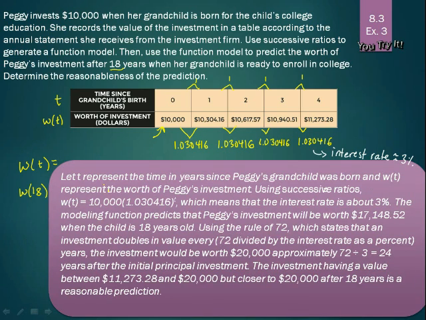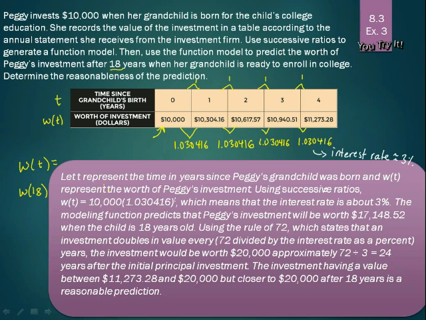Let T represent the time in years since Peggy's grandchild was born, and W of t represent the worth of Peggy's investment. Using successive ratios, W of t equals 10,000 times 1.030416 to the t, which means that the interest rate is about 3%. The modeling function predicts that Peggy's investment will be worth $17,148.52 when the child is 18 years old.